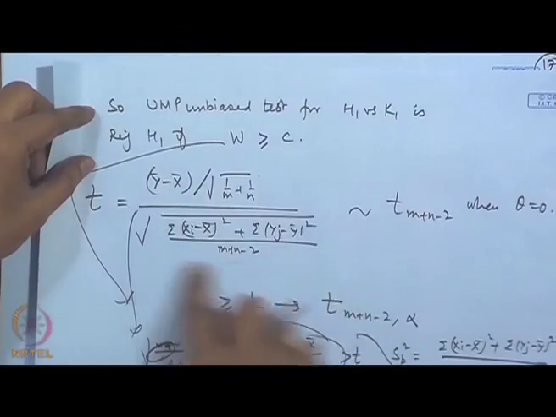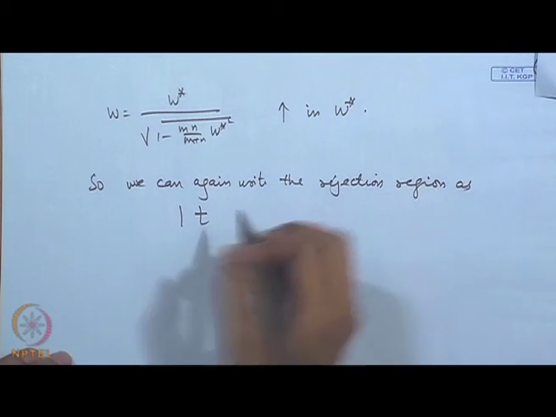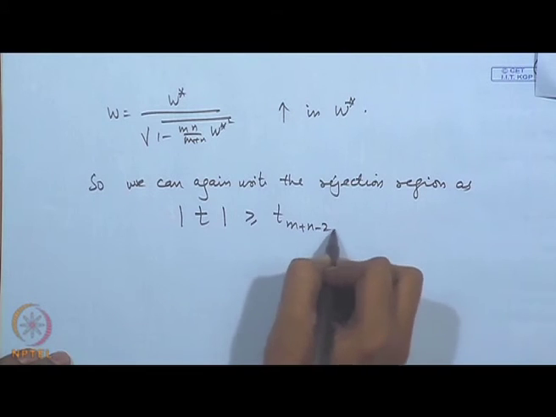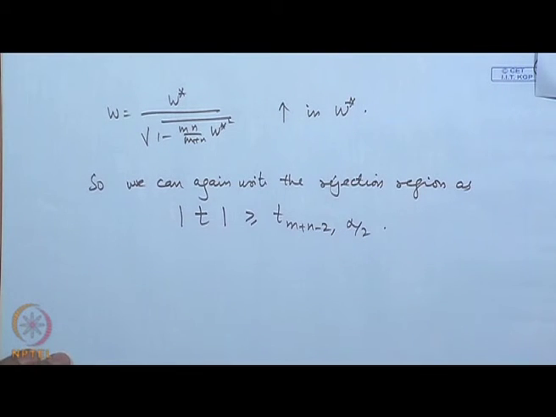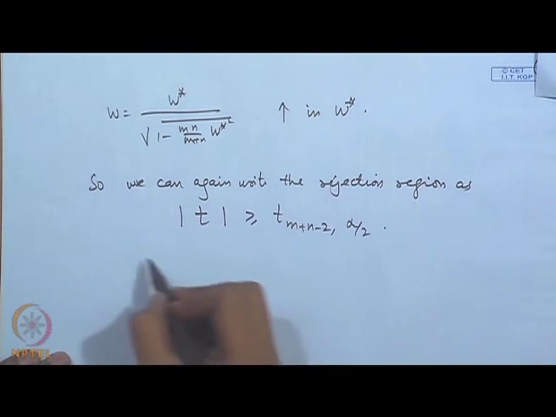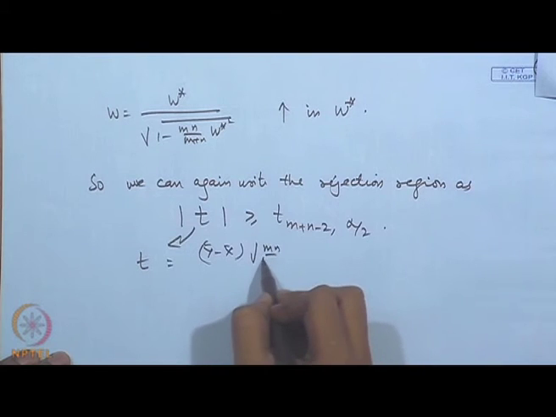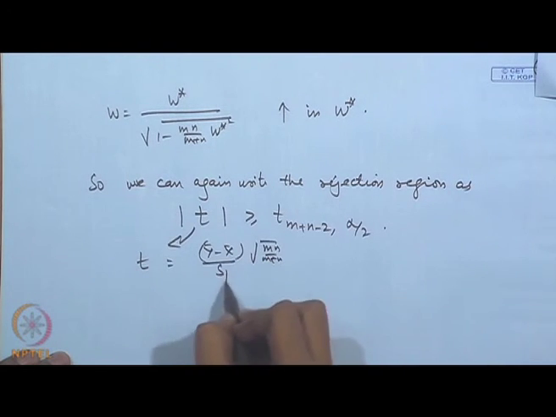I am sorry, this is T. So, in terms of this T, which has m plus n minus 2 degrees of freedom, we can write here modulus of T greater than or equal to t_{m+n-2, alpha/2}, where this T is actually (y bar minus x bar) root mn by (m plus n) divided by S_p.